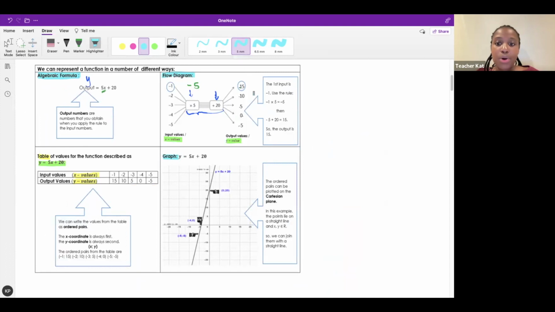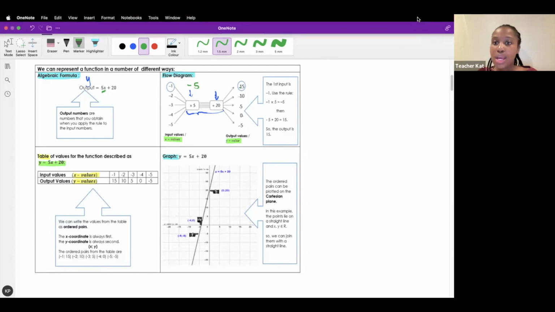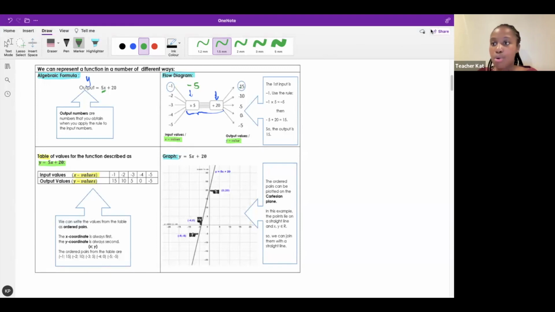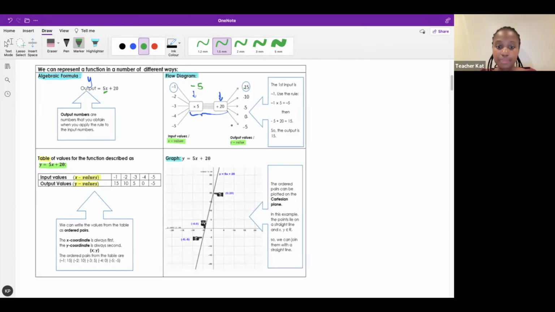What we're going to do today is see how we go from one form of representation to another. For instance, from a flow diagram to an algebraic formula, or from a table to a flow diagram, and so on. So that's what we're doing today.